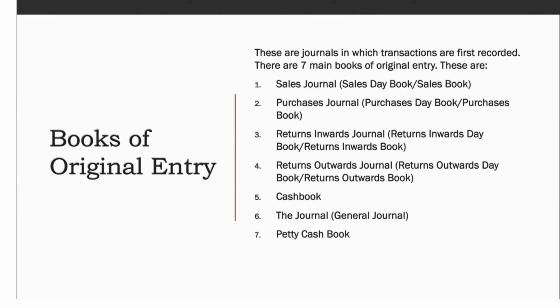This video is just an introduction to the different types of books of original entry. If you want to know about each journal, watch the video that has the title of that journal. These are the different types of books of original entry.